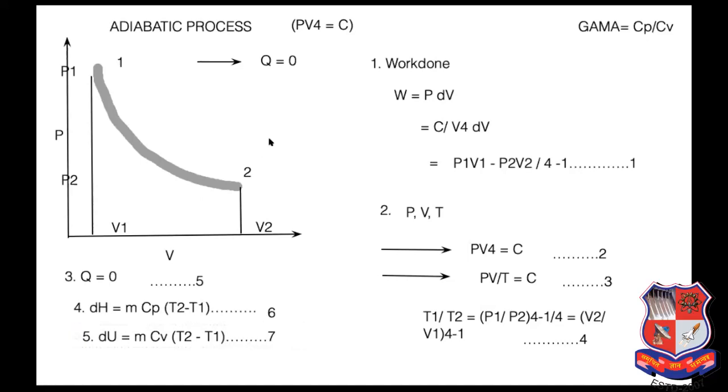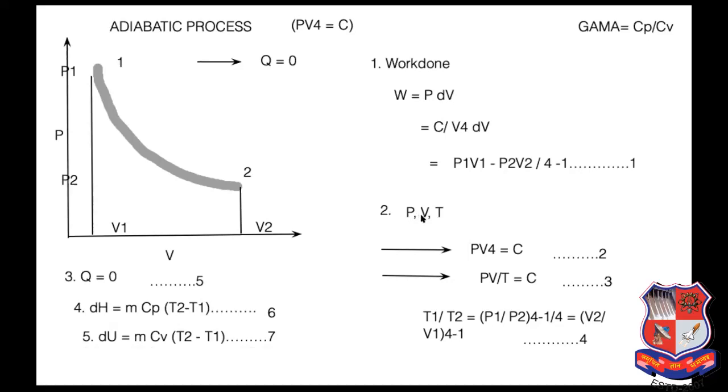So which process is it? It is the adiabatic process. If you want to prepare the adiabatic process, first prepare the isothermal. From the isothermal you can easily derive the work done. The procedure is the same. Only here it is 1 upon V raised to gamma, and in isothermal it is 1 upon V. So it is the main equation.